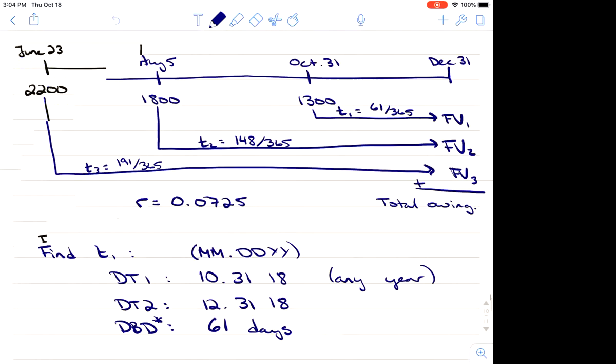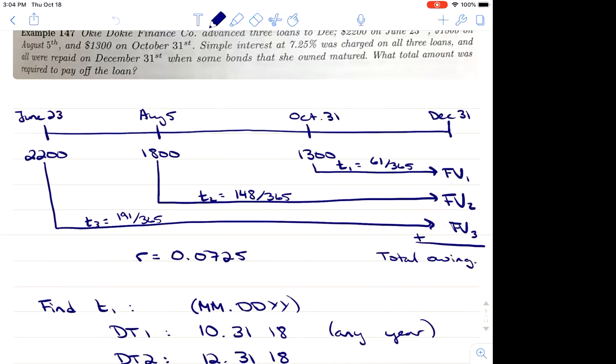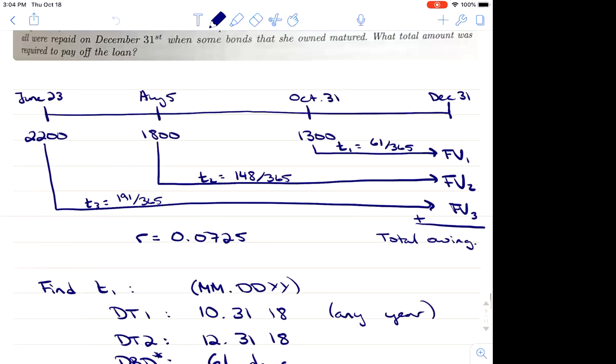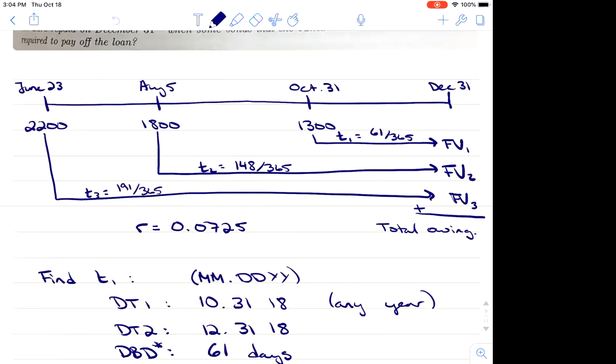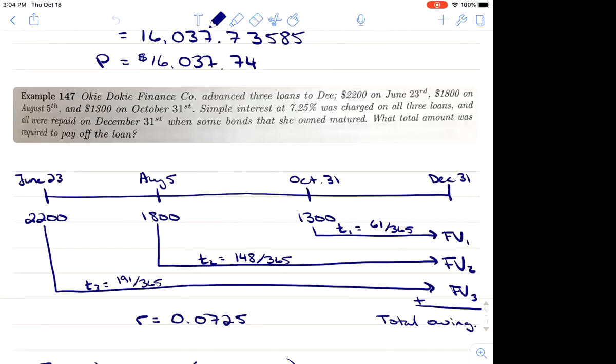We finished on, oh yeah, Okie Dokie Finance Company. That's not where I was. I want to do Example 147. Okay, so what I'm going to do is I'm just going to steal this because you probably have it in your notes, or if you don't, pretend you do.